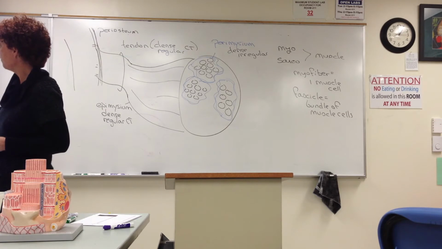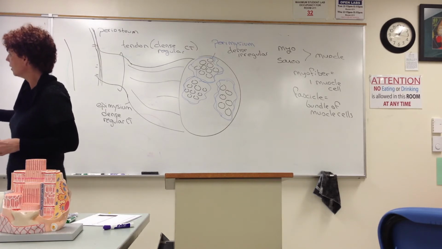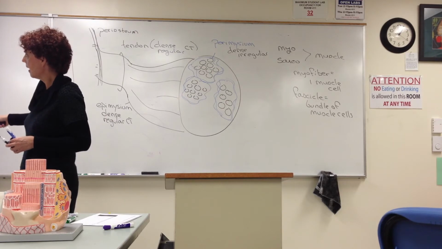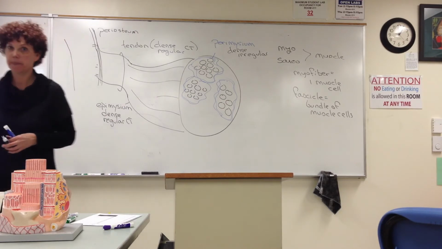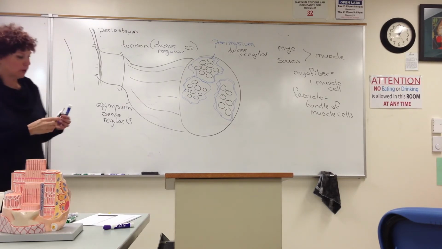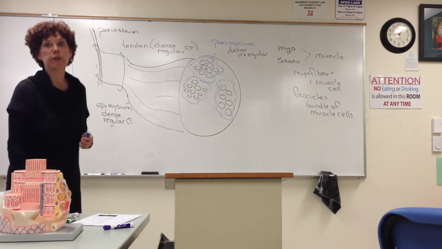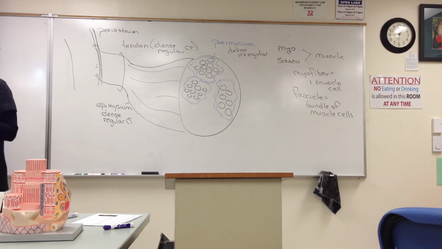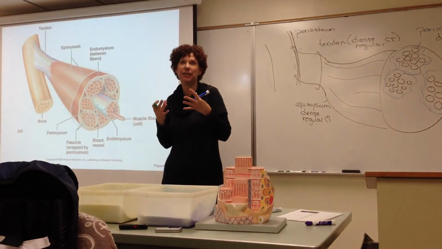So here would be the epimysium. Each of these is a fascicle, all right, and then around them is the perimysium. And then around individual muscle cells is loose irregular. Remember where we found loose irregular always underneath an epithelium? Because it provided a good medium for diffusion, small capillaries.